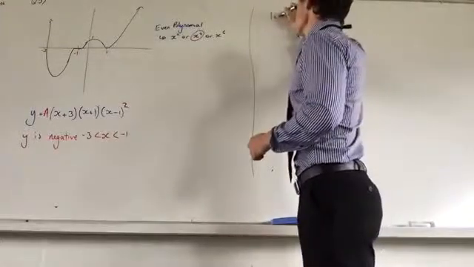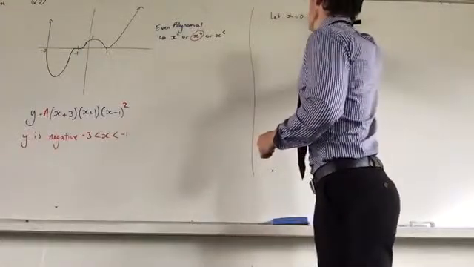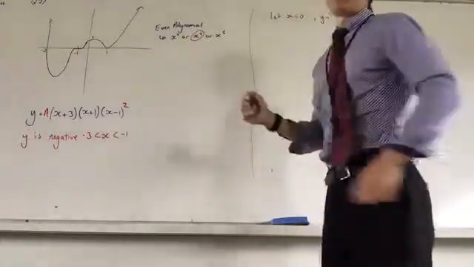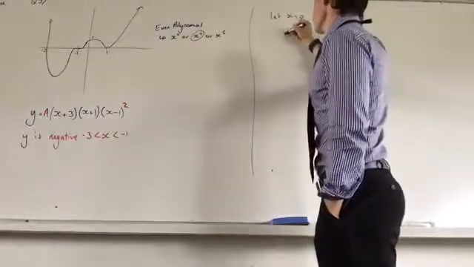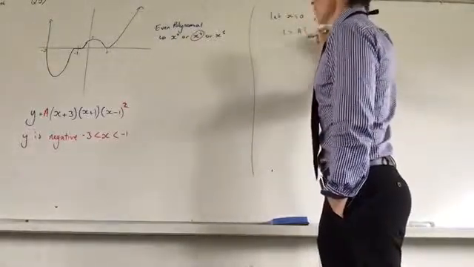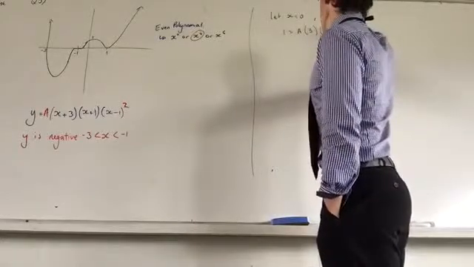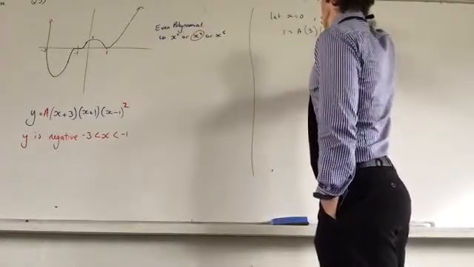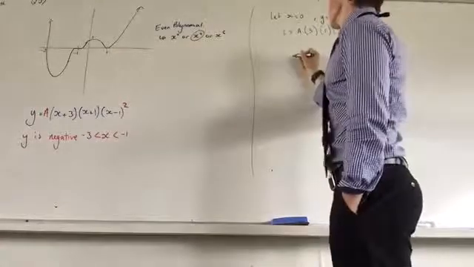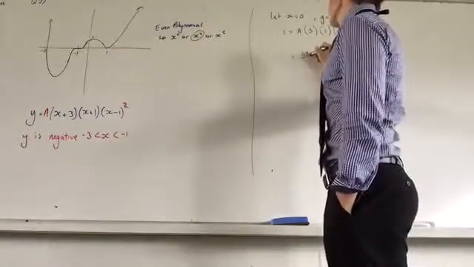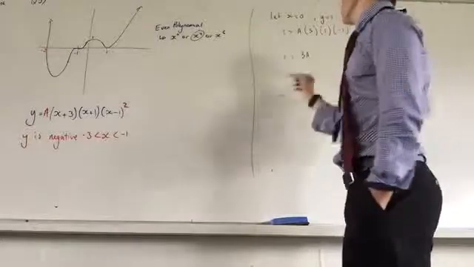1, x is 0. So let x equal 0, y equal 1. So I've got 1 equals a, 3, 1, negative 1 squared. That will give me 3a equals 1.